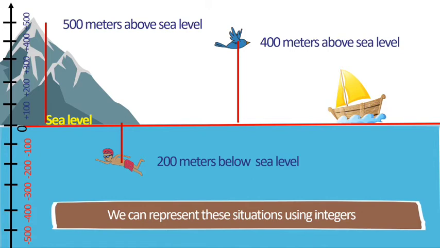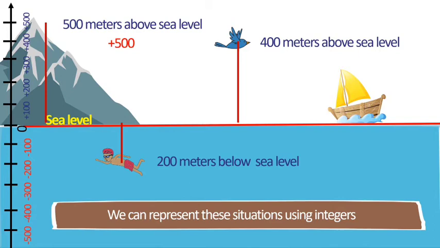And dito naman sa bird, kung makikita nyo, siya ay nakatapat doon sa ating number line na positive 400. So the 400 meters above sea level, we can represent using an integer of plus 400 or positive 400.